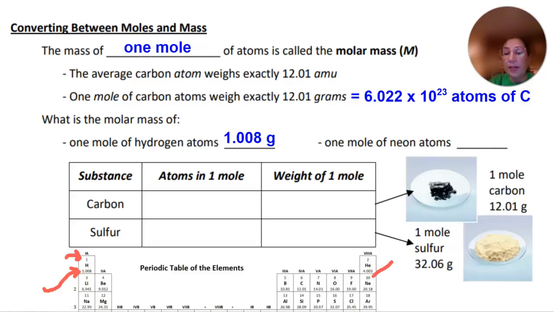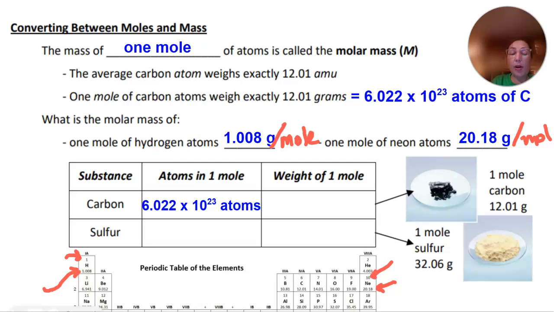Well, neon is atomic number 10, so 10 protons in a neon atom, but its atomic mass is 20.18, so 20.18 grams. And sometimes we write grams per mole or just grams per MOL when we're talking about a molar mass. Okay, what about carbon?